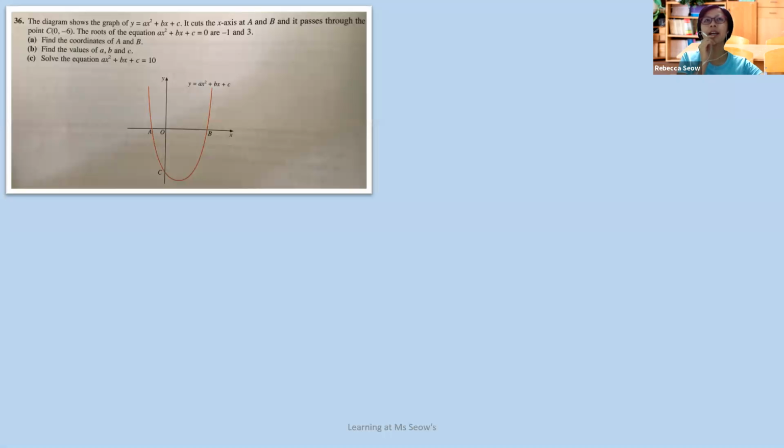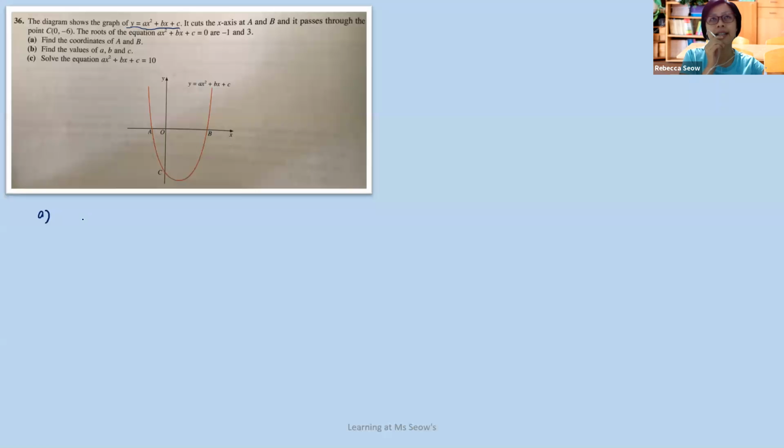Now, let's take a look at how we might come across this question and how we might want to solve it. If you look and analyze the question, y equals ax squared plus bx plus c signifies that this graph is quadratic.